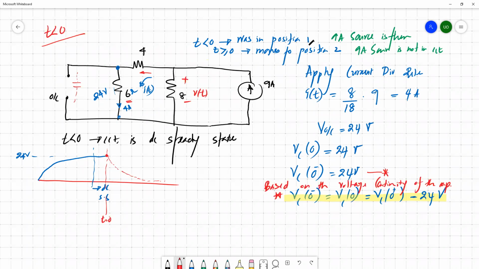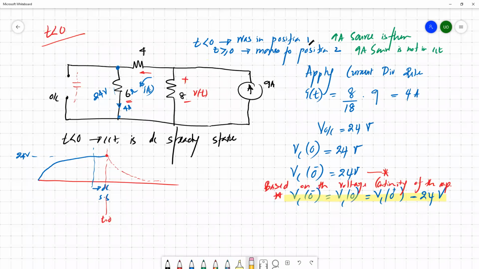Now this circuit becomes a circuit where we don't have external sources, and the source is actually the capacitor. It acts as a kind of virtual source temporarily, with the stored energy of 24 volt. Whatever voltage is inside the capacitor can be released through the rest of the resistors.